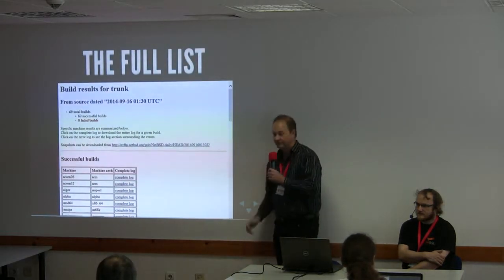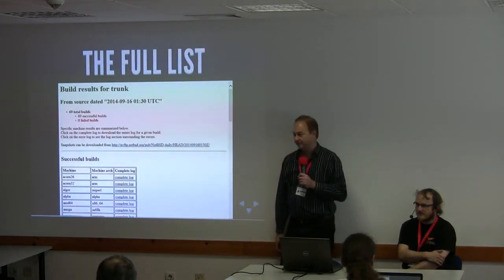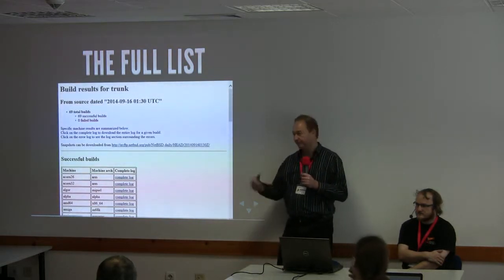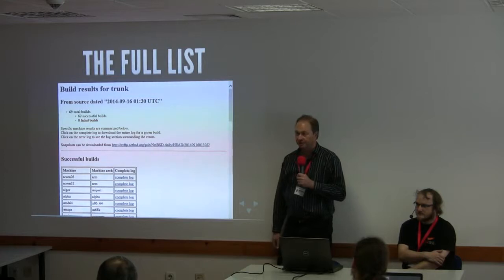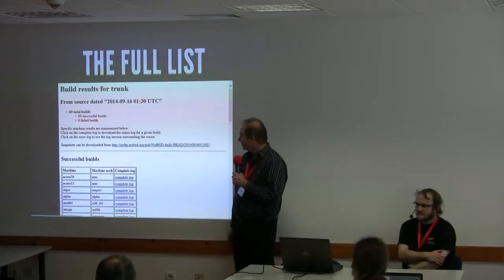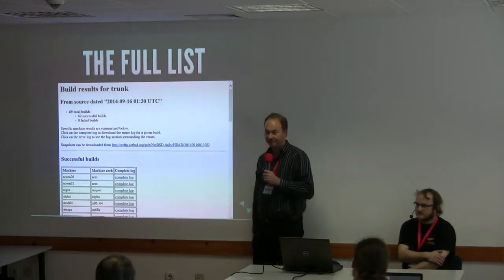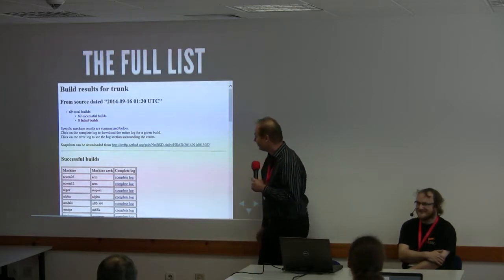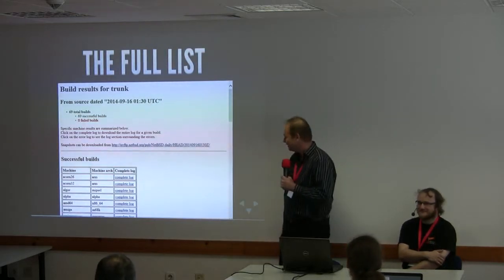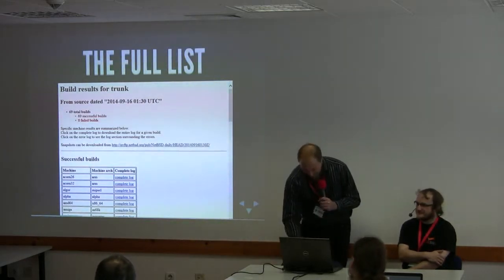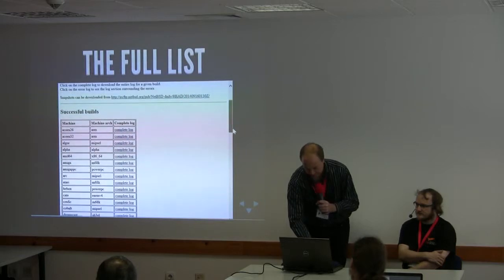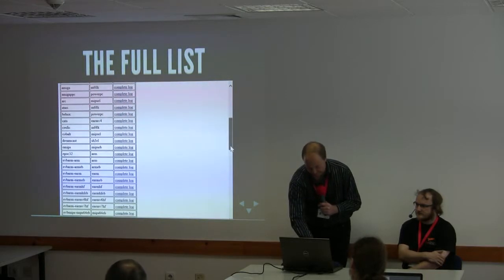So this is a list that our build cluster generates for each of the builds we automatically generate, which usually happens every few hours. I picked a special one. It's all successes, no failed builds. And you can see some of these architectures down here, just to give you an idea what we are talking about.